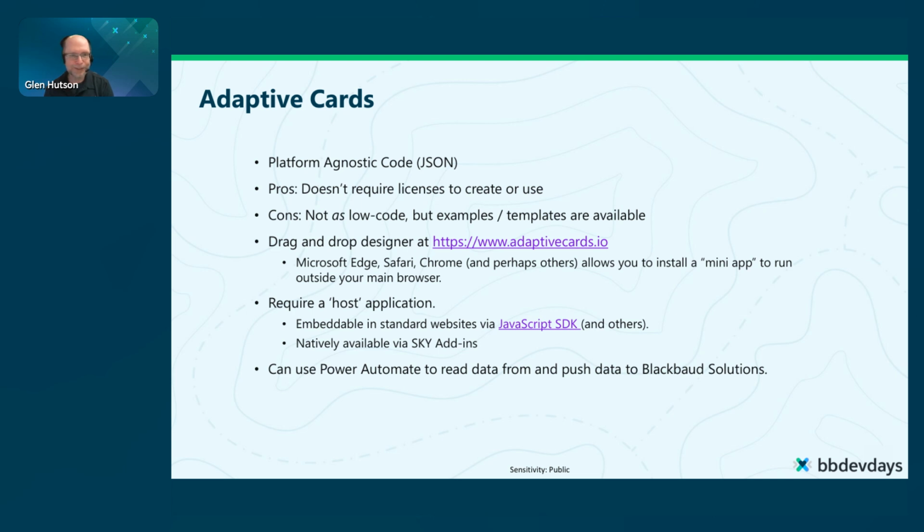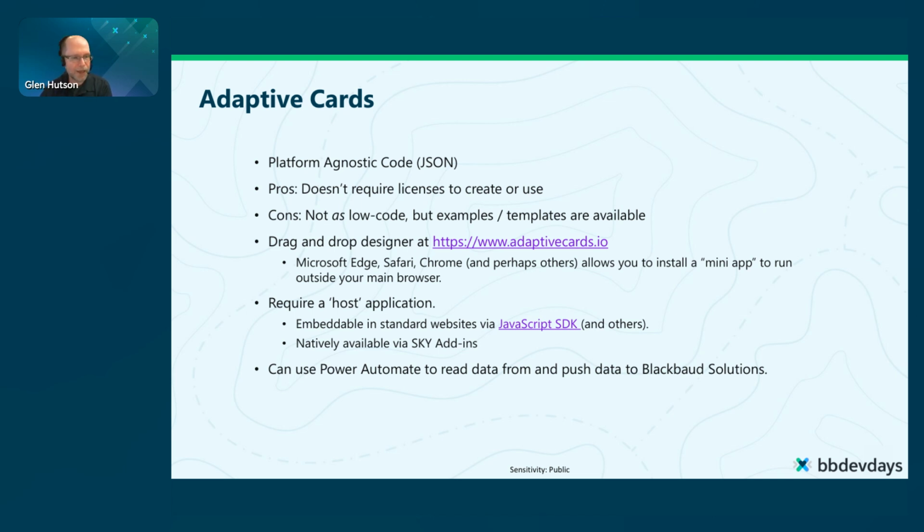It requires something to hold it, which we have available in Razor's Edge NXT and Financial Edge NXT and the other solutions. And the nice thing is that you can use Power Automate to supply data to that card, as well as push information back into Razor's Edge.